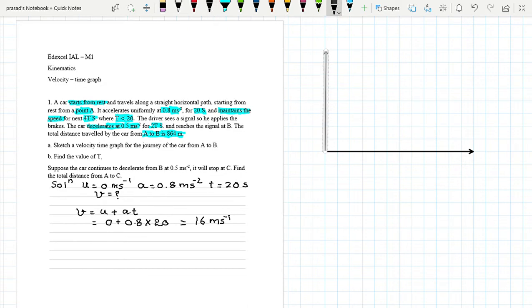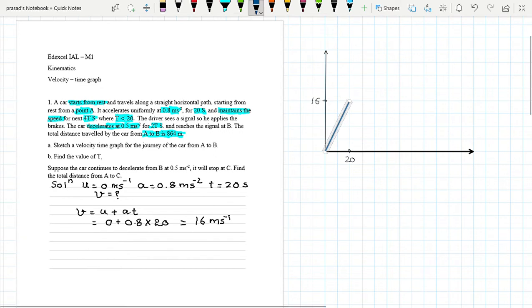First of all, time t is 20 seconds here, and the velocity reached by the car is 16 meters per second. Since the car is accelerating at a uniform rate, this will be a straight line.